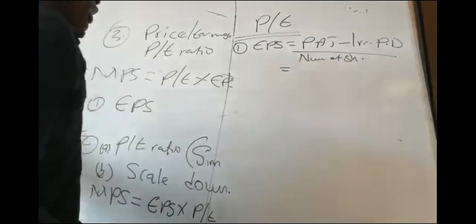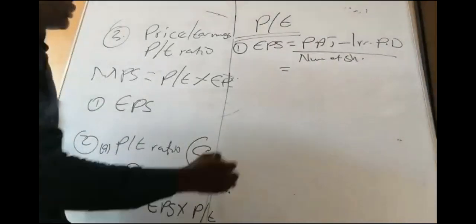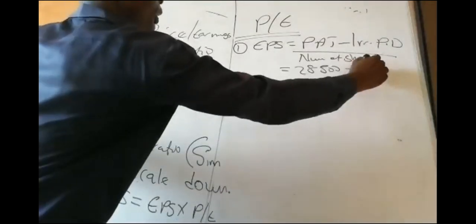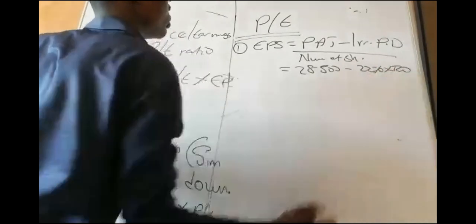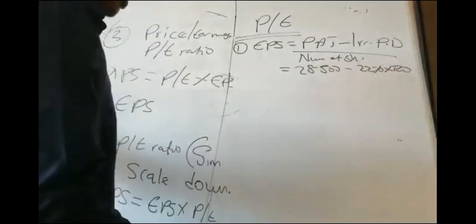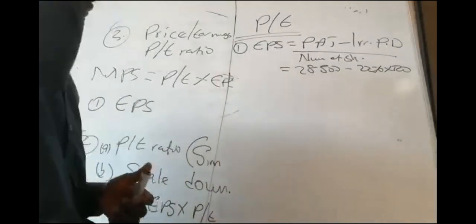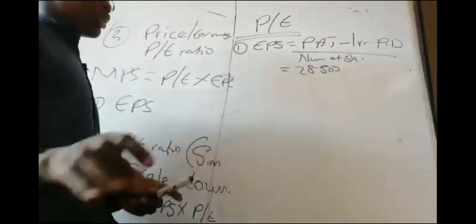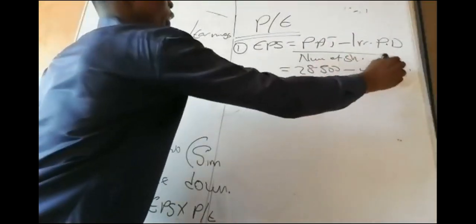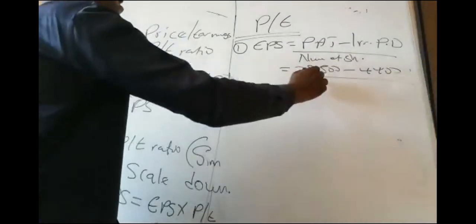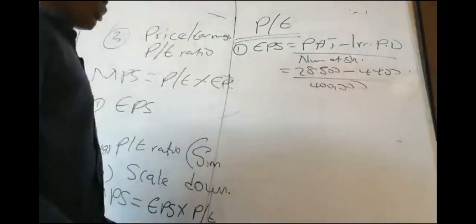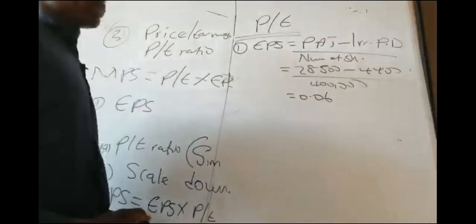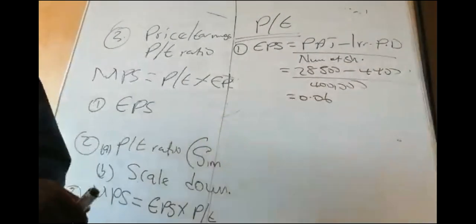So this gives us profit after tax of 28,500 minus 22% of 20,000, which was 4,400, all divided by the number of shares, 400,000. So we had 0.06, yes, that was the answer that we had.